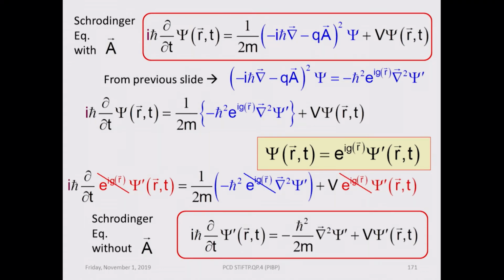So, in other words, this e to the i g of r is coming out like the Aharonov-Bohm phase. Okay, that is the phase difference which the vector potential introduces. So, if you do this experiment, Young's double slit experiment, without any current in the solenoid and with the current in the solenoid, you are introducing a vector potential, and what this vector potential is doing is to introduce a phase in the wave function.